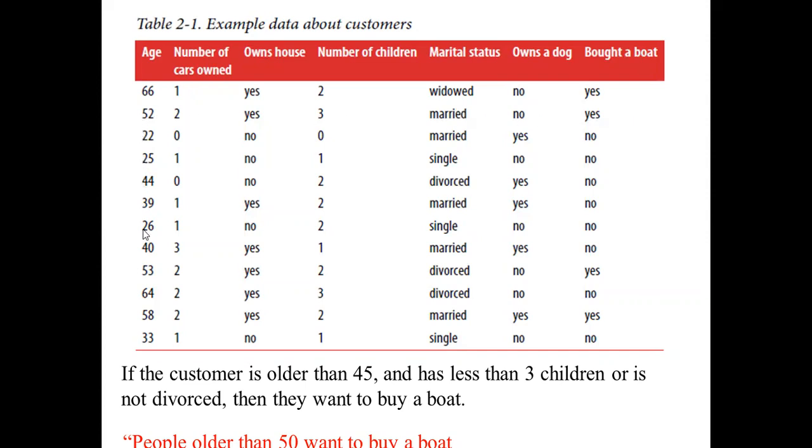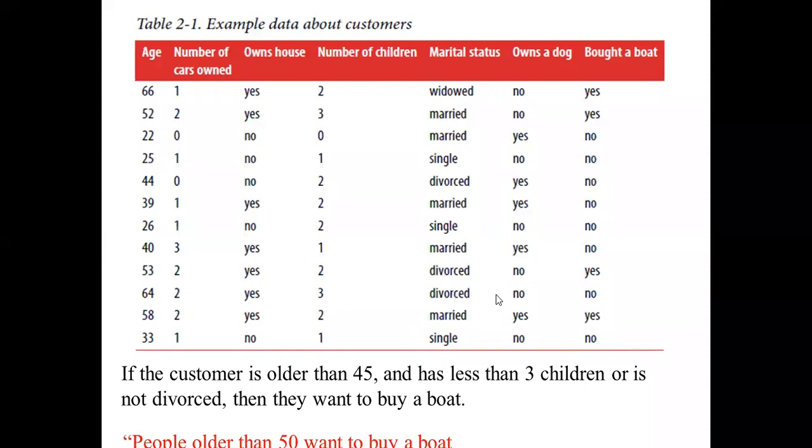Then we go to the next person, age 53, greater than 45. Children are less than 3, not divorced. So again, we cannot say that person had not bought a boat, so we will skip this.